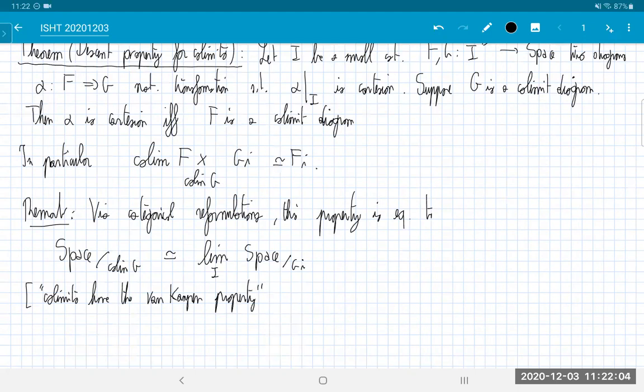And so what this has to do exactly with the Van Kampen theorem would take a while to unwrap, but there is a way of doing it. But the idea is you can glue stuff over subspaces.